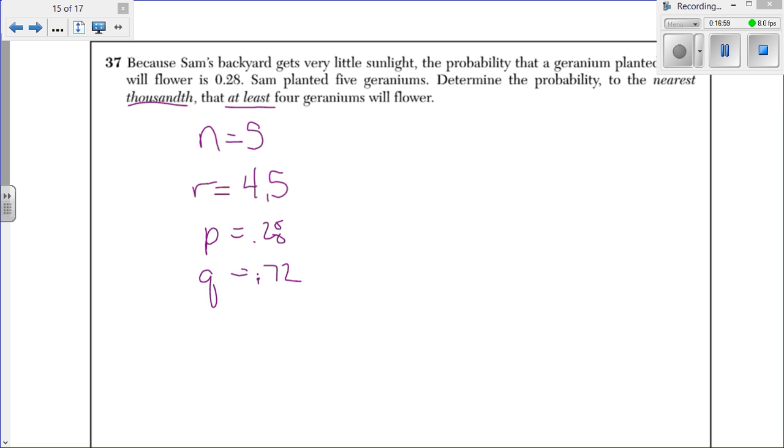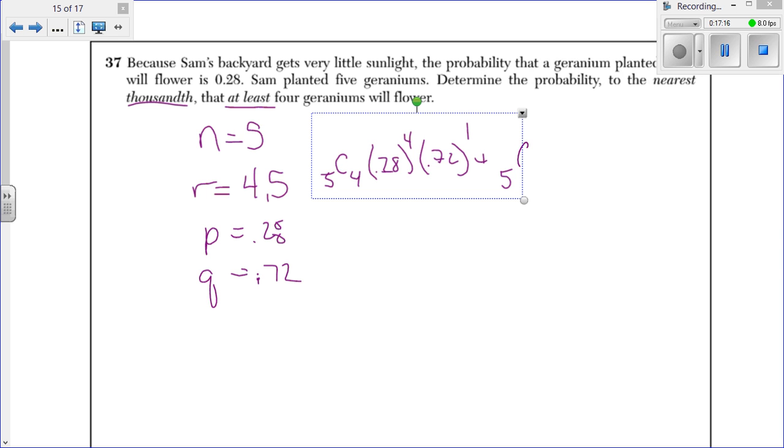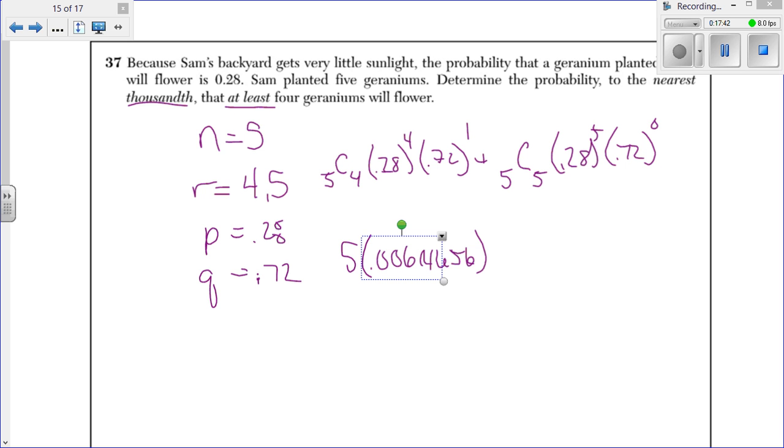All right, here we go. 5C4 times 0.28 to the 4 times 0.72 to the first, plus 5C5 times 0.28 to the fifth times 0.72 to the 0. 5C4 is 5. 0.28 to the fourth is 0.00614656 times 0.72.